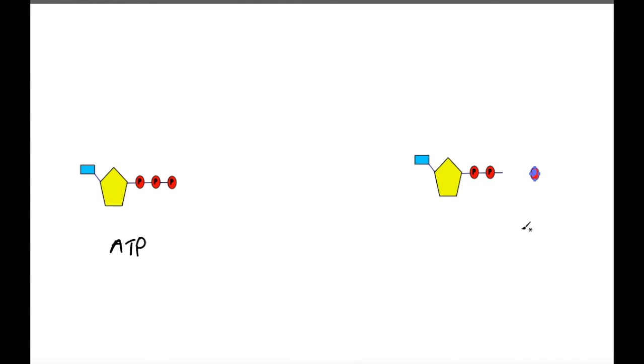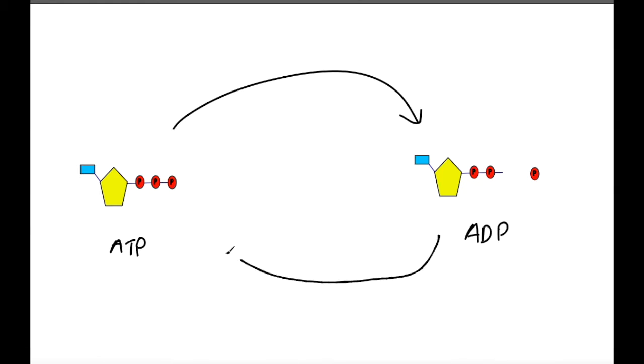Remember, this is when the energy is being released, this is when the energy is stored. And the process takes place, as I said, it's a little cycle that just goes two ways.